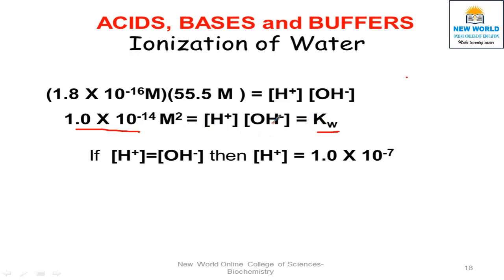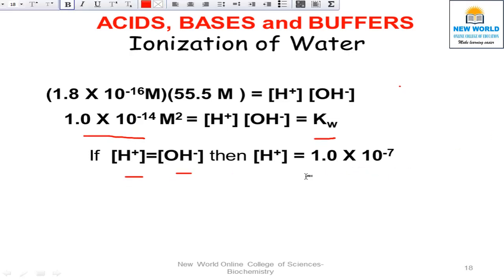So Kw is the ion product of water. If you have the same concentration of hydrogen ion and hydroxide ion in the solution, then we have neutral pH.